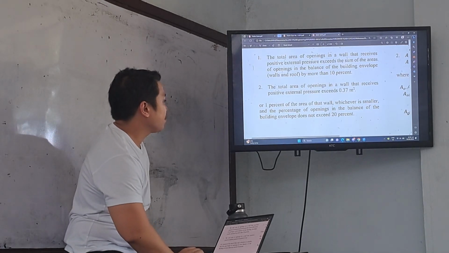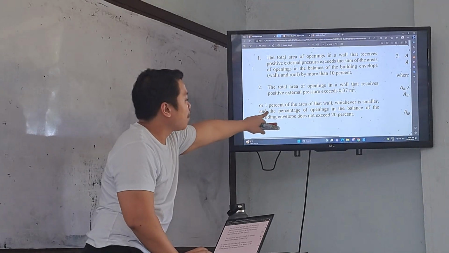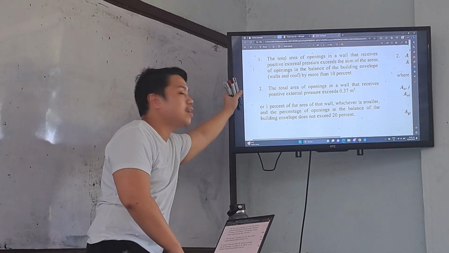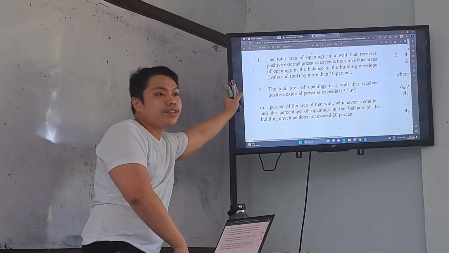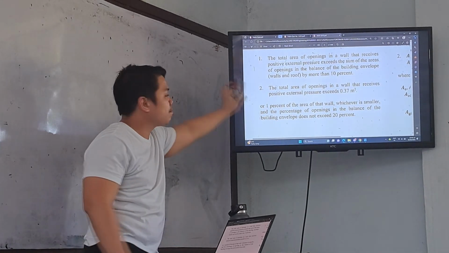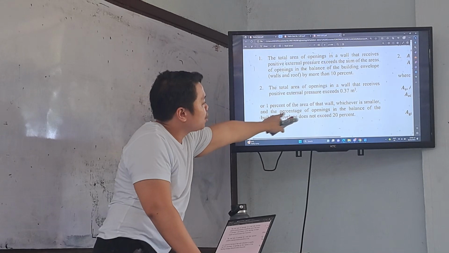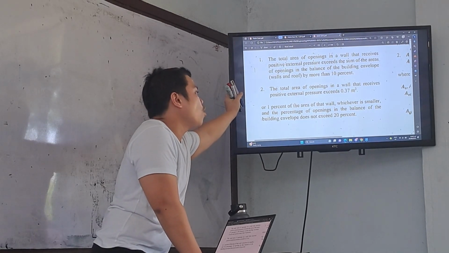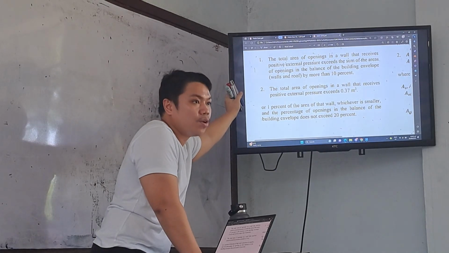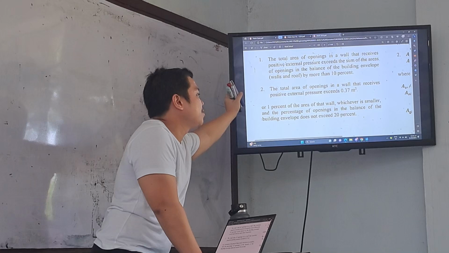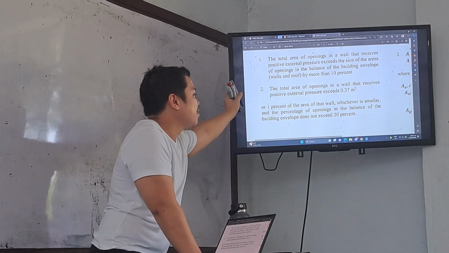And the percentage of openings in the balance of the building envelope does not exceed 20%. That is the third condition: the percentage of openings in the balance of the building envelope, AOI over AGI, does not exceed 20%.